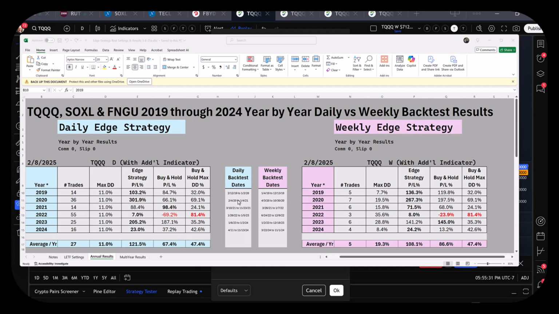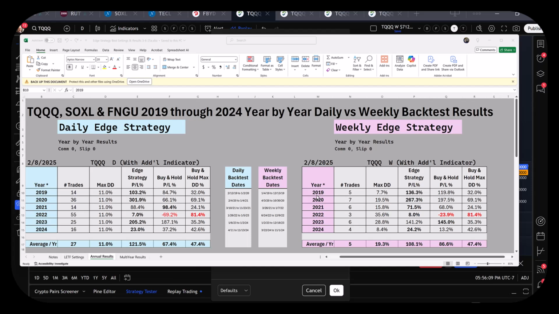Had 5 trades and a 7.7% drawdown with a 136% net profit compared to the buy and hold of a little bit over 119%. So that 119% is different than over here, this one on the daily, because of these differences in dates that the backtest was actually run.